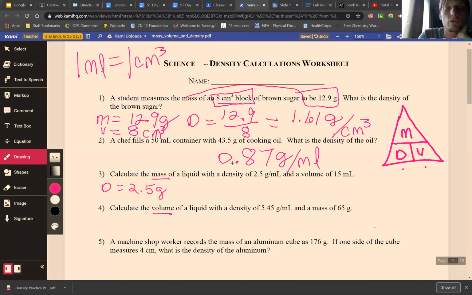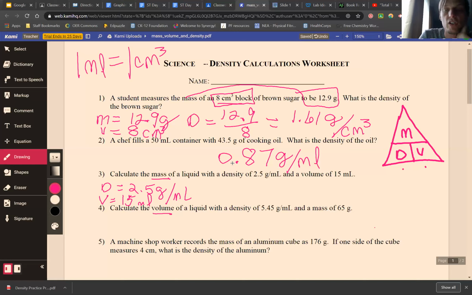Shout out to students who wrote all this out. 2.5 grams per ml with a volume of 15 ml. So 2.5 grams in 1 ml, then how many grams are in 15 ml? You can see that you'd simply multiply the 2.5 times the 15.